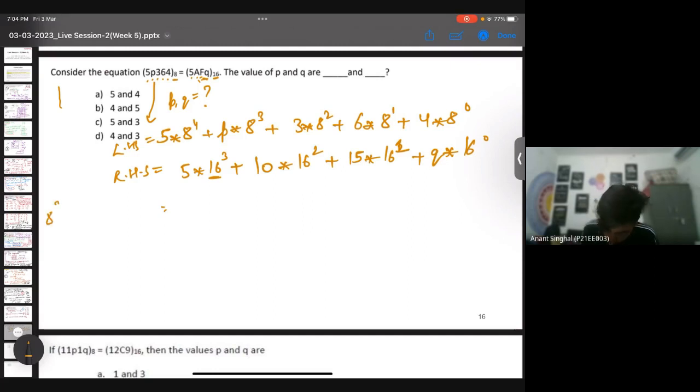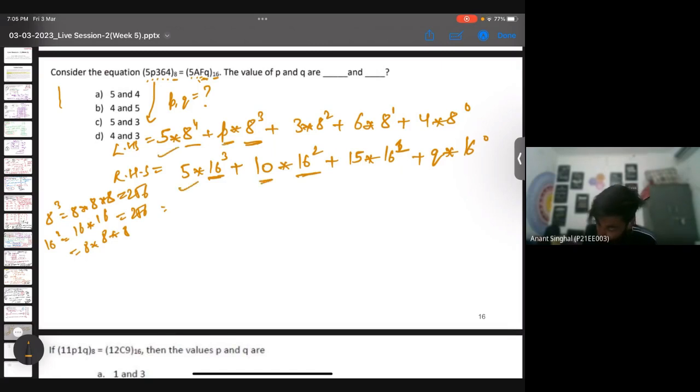We know that 8 cube is nothing but 8 into 8 into 8, and 16 square is 16 into 16, which is 256. 16 square is also 256. So we can directly see that this 8 cube is nothing but this 16 square. And then this term also is the same. 16 cube is nothing but 8 to the power 4. So 5 is same here.